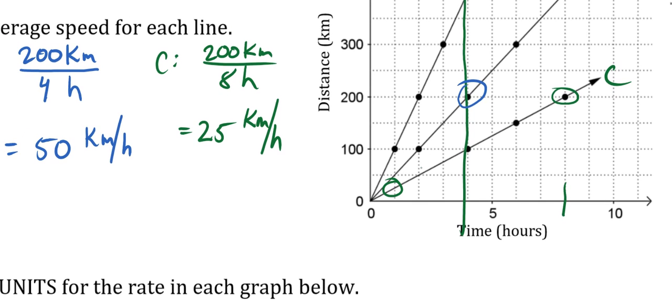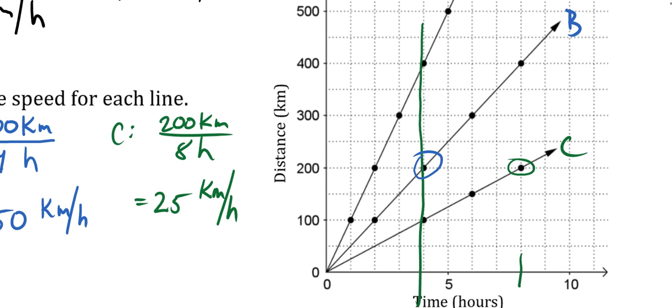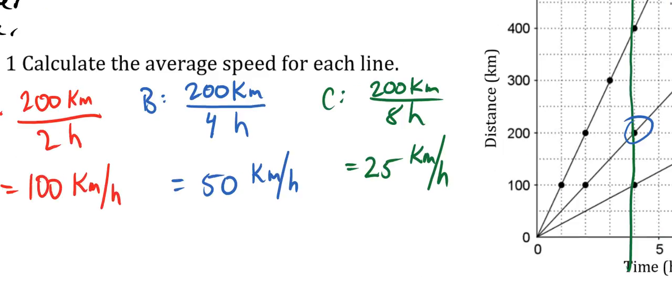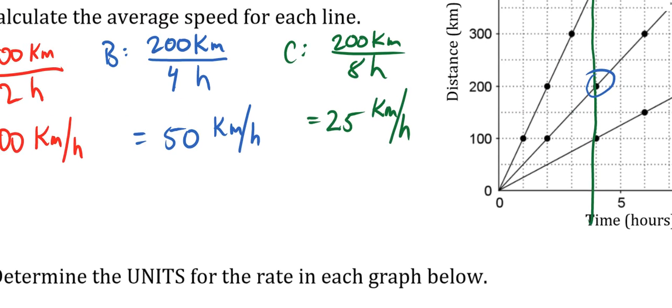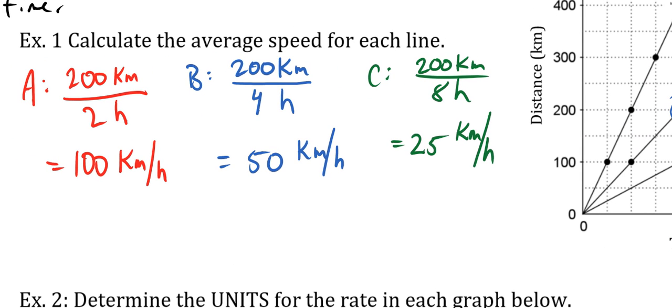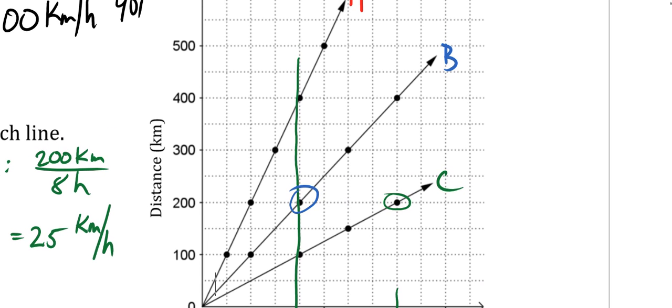But I could use this point. Or I could use any of the black points. And I could have used 4 hours for all of them. So 400 over 4, 200 over 4, or 100 over 4. And like I said before, that would give you the same answer. 100 over 4 is 25. So it's going to give you the same rates, same average speeds in this case. You could pick whatever point you want. But you got to make sure that it's a nice point that you can actually read.